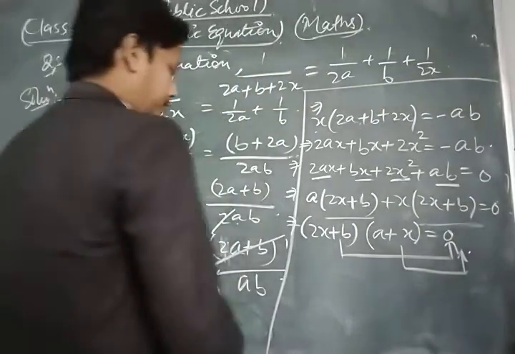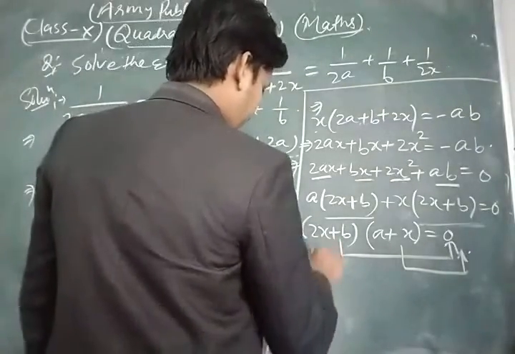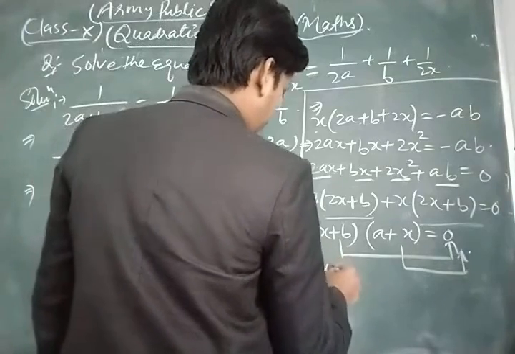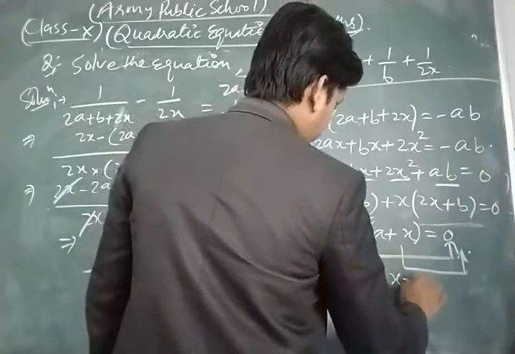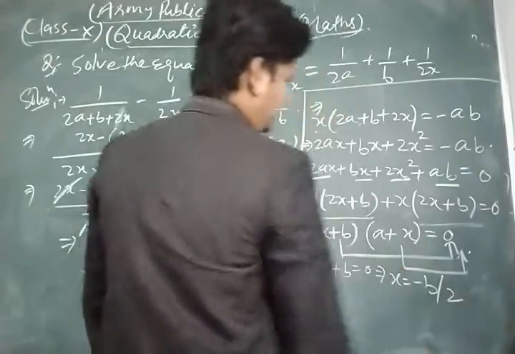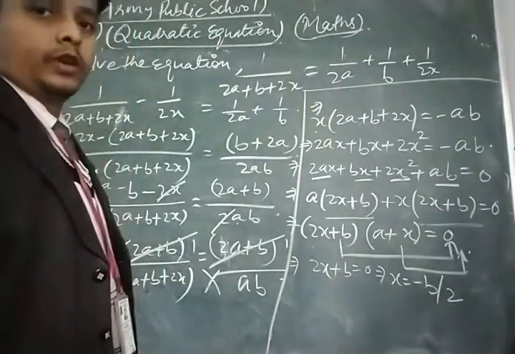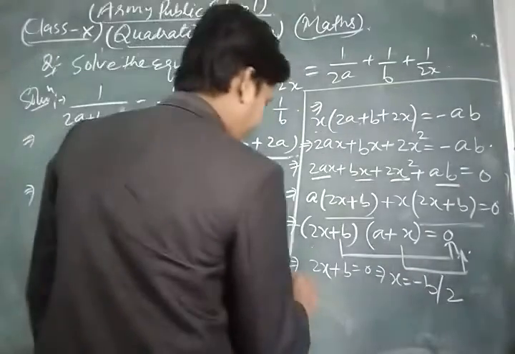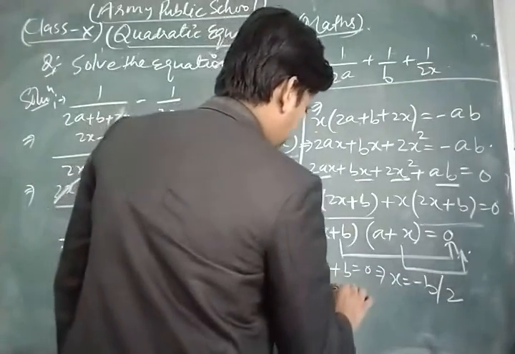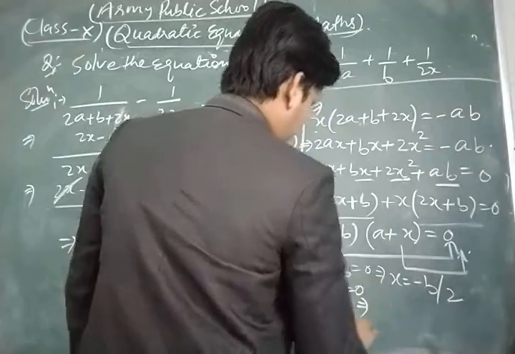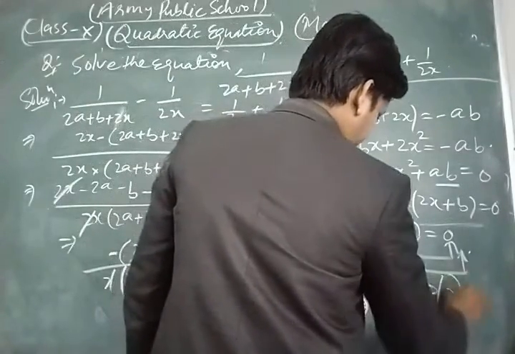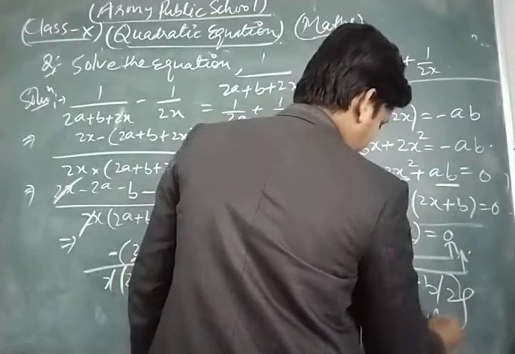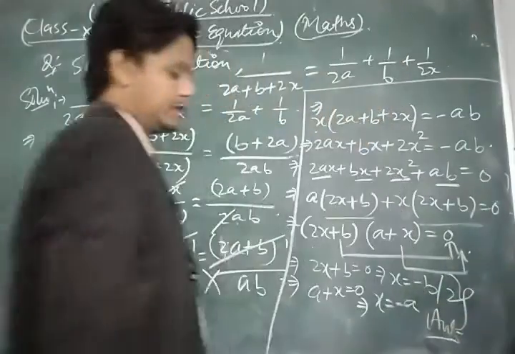Now look, if we take 2x plus b is equal to 0, then we get x is equal to minus b by 2. Now if we take a plus x is equal to 0, then we get x is equal to minus a.